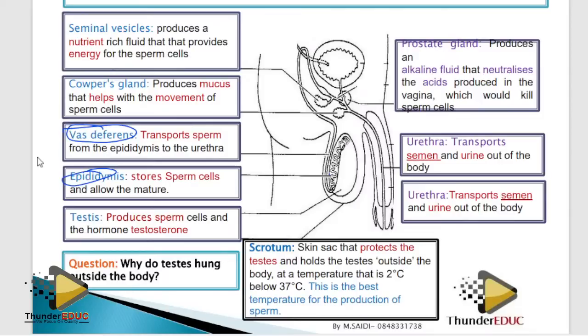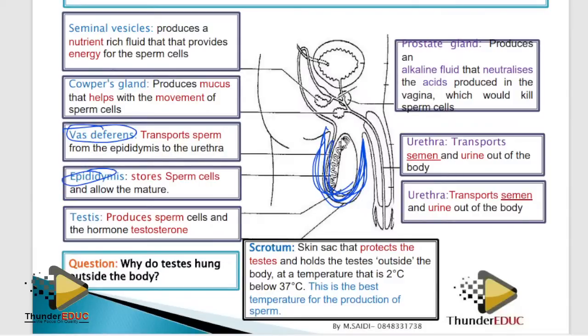Some of the things you need: why do we have the testes hanging outside? Labeling, function of each part, please make sure you know. Why do we have the testes hanging outside? We say that they hang outside to provide a favorable temperature for sperm production. Sperms are produced 2 degrees less than the body temperature.